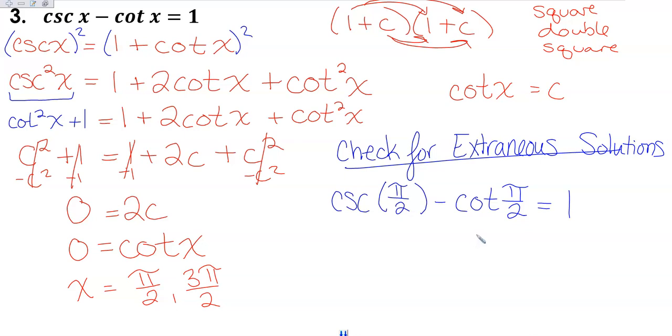So if we look at our unit circle, remember, cosecant is the reciprocal of sine. So sine at pi over 2 is 1. So if we take the reciprocal, it's still 1. All right. If I look at pi over 2, the tangent is undefined, which means that the cotangent is 0. So I'm going to get 1 equals 1, which means this is a valid solution.